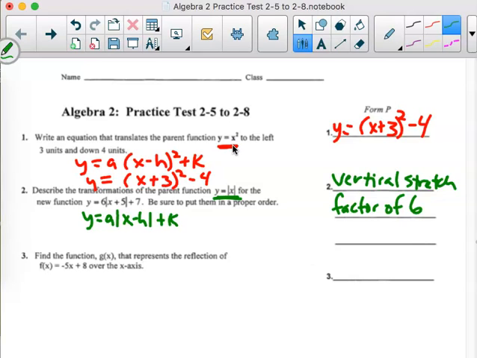Every number has to be explained. So I keep going and I see plus 5. What does that mean? X plus 5. Translate left 5 units.